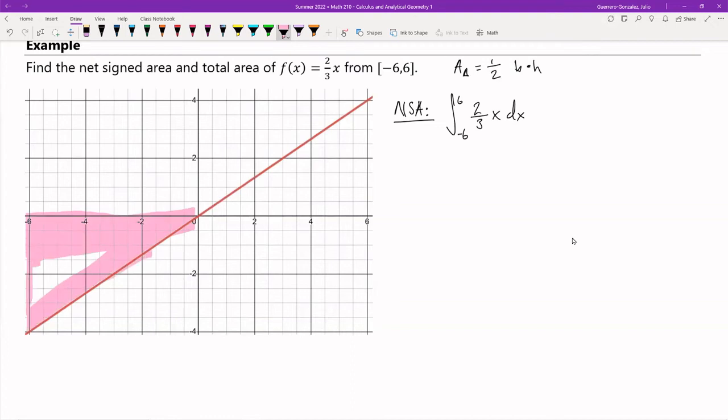This area right here, plus this area over here. All of this, right? So let's go ahead and label some of this stuff, right? This is going to be A1, and this is going to be my A2, right?